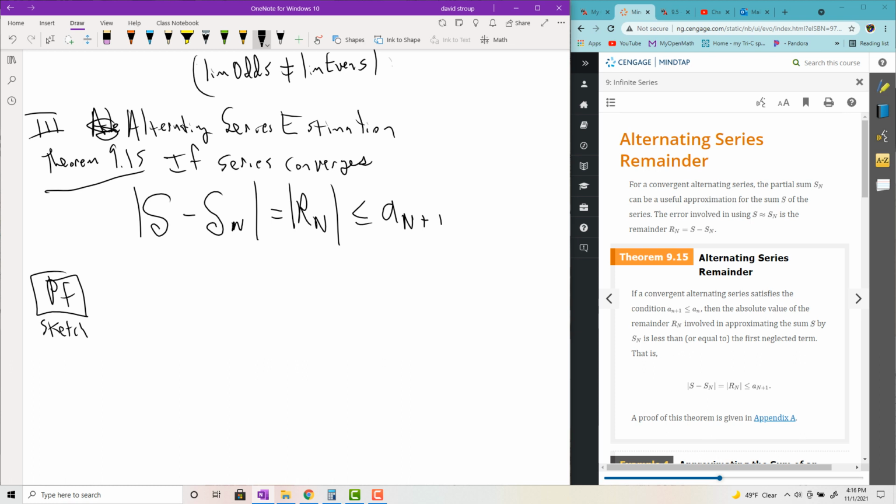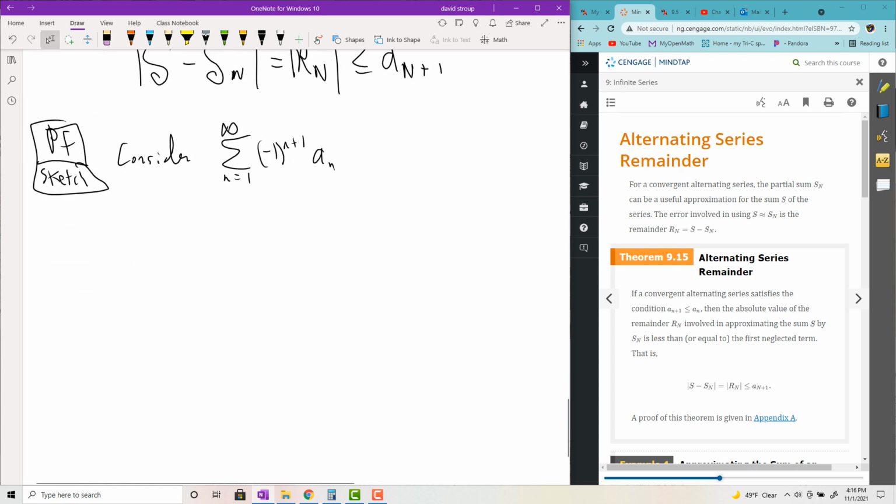You can play with the terms of the series. So let's presume that we're dealing with the one where the first term is positive. So consider the series from n equals 1 to infinity of (-1)^(n+1) times a sub n, and look at the terms of the sequence of partial sums, right?